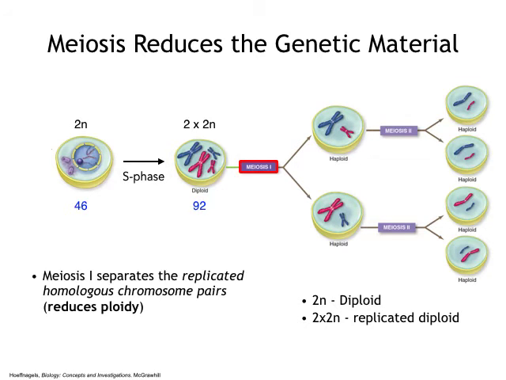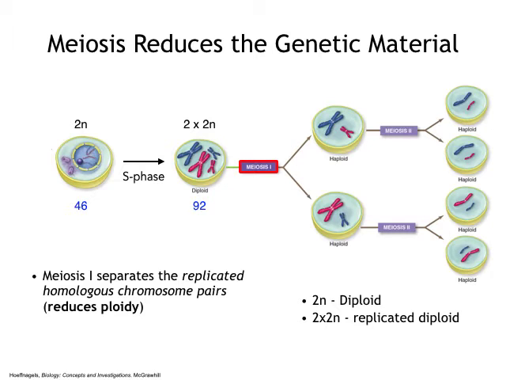Now in meiosis 1, you separate replicated chromosome pairs. Remember that the homologous pairs pair up in prophase, they align paired up in metaphase 1, and then in anaphase, the homologous chromosome pairs are separated.